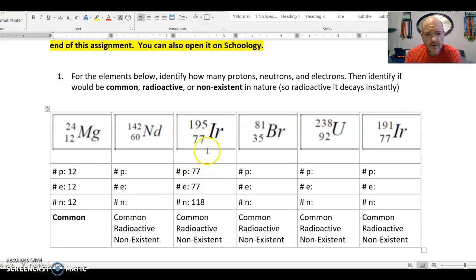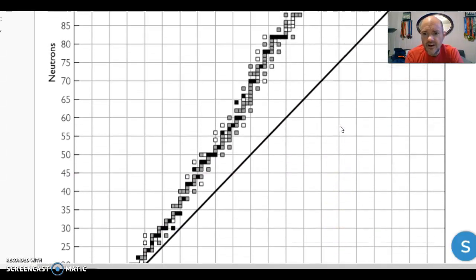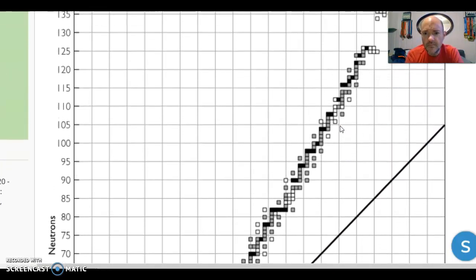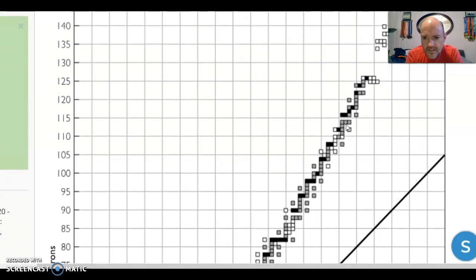Now we're going to come and take a look at iridium 195. So that one's going to be a little bit harder to find on this graph. So I'm going to follow this line for 75 up, up, up, up. And then I'm going to find 76, 77. So 77 is up in here. So here's 77 at 114. 115 doesn't exist. 116, right here, is the most common isotope. 117, 118 would be right here.